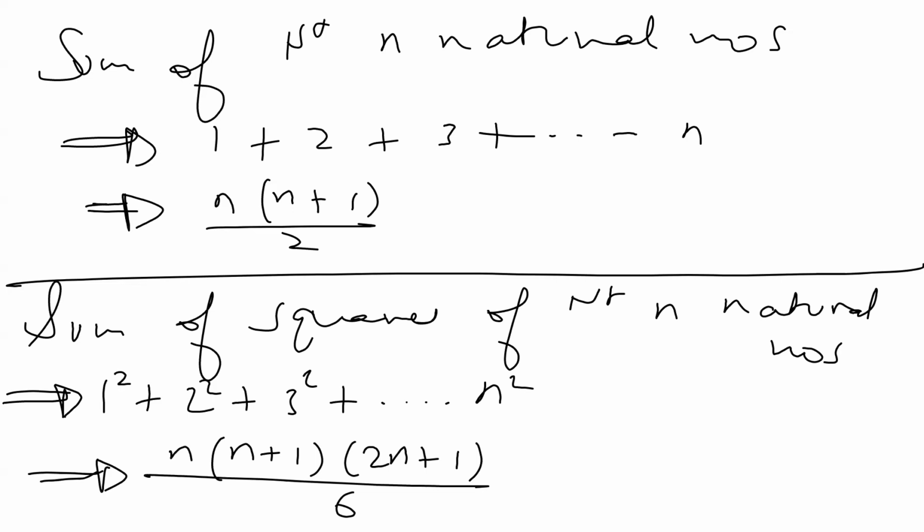By the way, this is also written as summation of n, and this is also written as summation of n square. These are different notations. You need to know this.